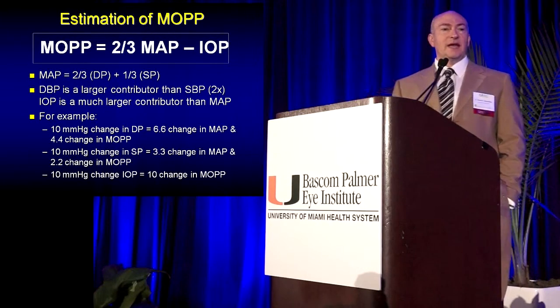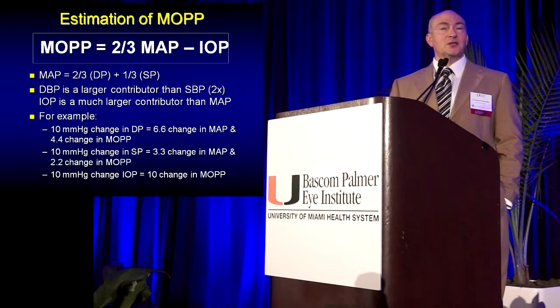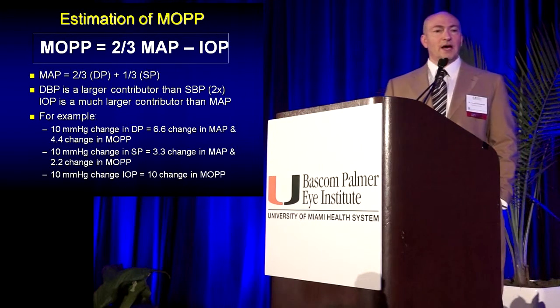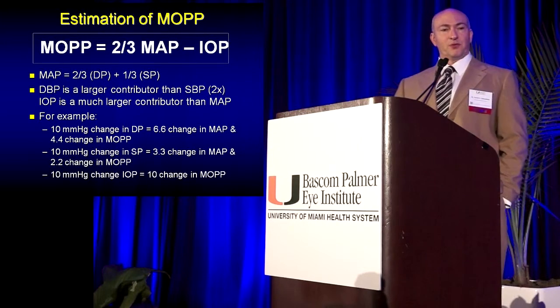And you see again that the calculation of mean arterial pressure is much more impacted by the diastolic blood pressure. 2/3 of the diastolic blood pressure plus 1/3 of the systolic blood pressure is used to calculate mean arterial pressure, so you see that diastolic blood pressure is a much larger contributor to the calculation of MOPP than is the systolic blood pressure.